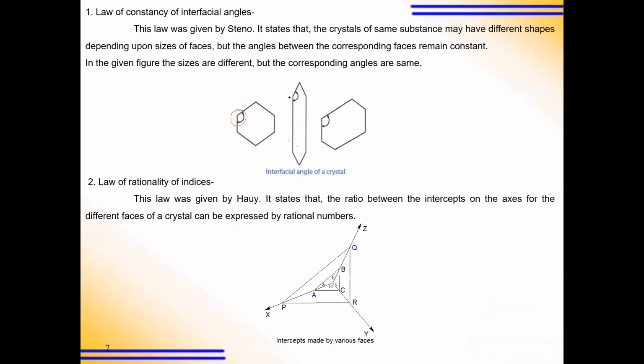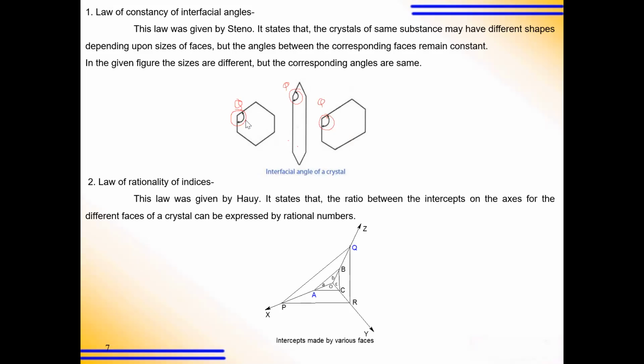Suppose this is theta. This theta is not changed. It is constant, even though the shapes of these three crystals differ, although they are made up of the same substance. The shape changes, but the angle does not change. Therefore this law is called the law of constancy of the interfacial angle.